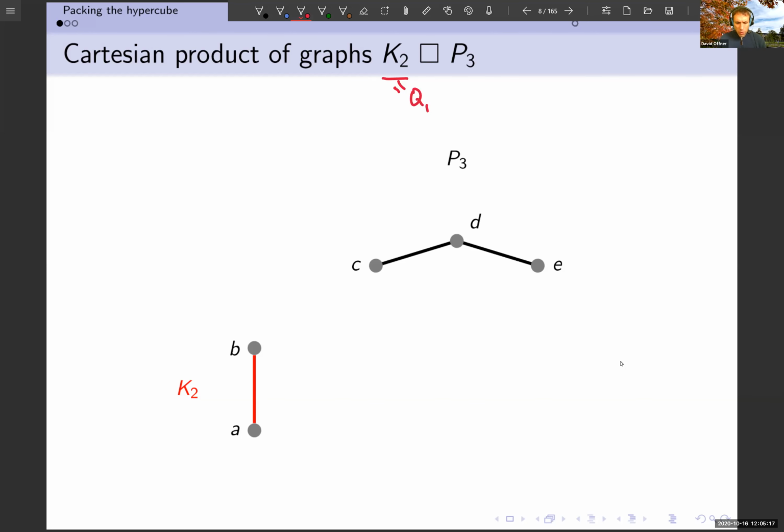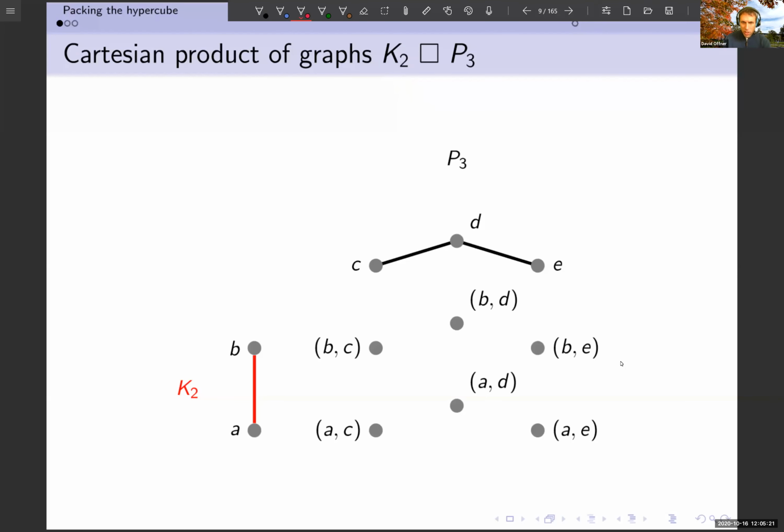When I take a Cartesian product of 2 graphs, the vertex set of the Cartesian product is a set of ordered pairs where the first entry is a vertex from one of the graphs and the second entry is a vertex from the other graph. Here, since K2 has 2 vertices and P3 has 3 vertices, we get 6 vertices, and we put an edge between them if they differ in one or the other coordinate.